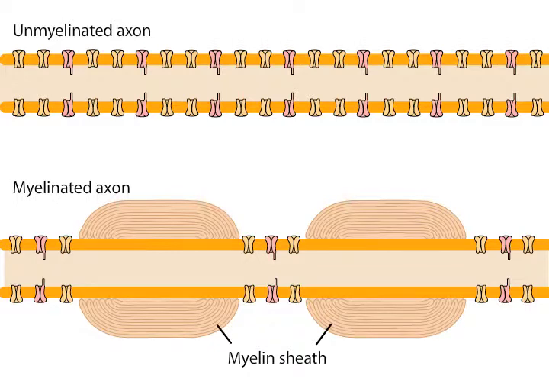Among vertebrates, this strategy is evident in the myelination of axons, a process by which glial cells wrap the axon in myelin, which consists of multiple layers of closely opposed membranes.